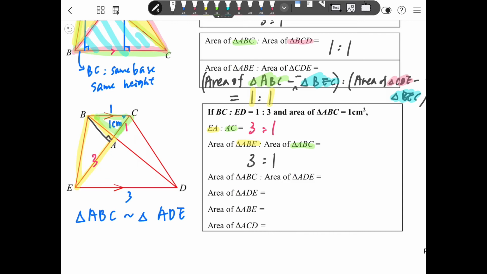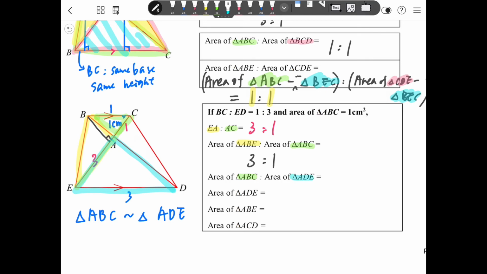Area of triangle ABC to triangle ADE. So ABC is the green one, and the other triangle ADE is this one. So green one to the blue one.